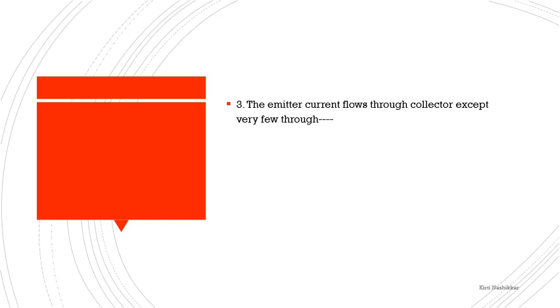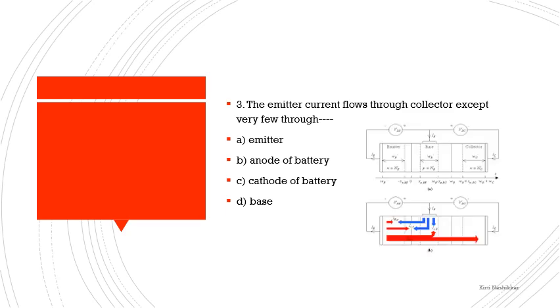Then the third one is, the emitter current flows through the collector except very few through dash. So these are the options, and this is the structure of the BJT, where this is the emitter section, this is the base section, and this is the collector section.